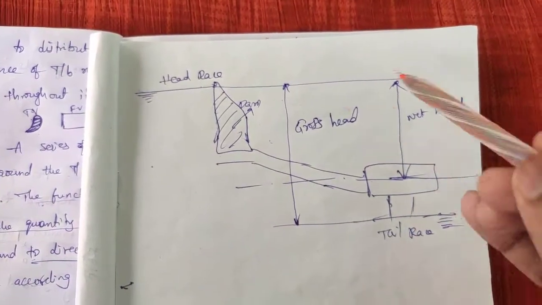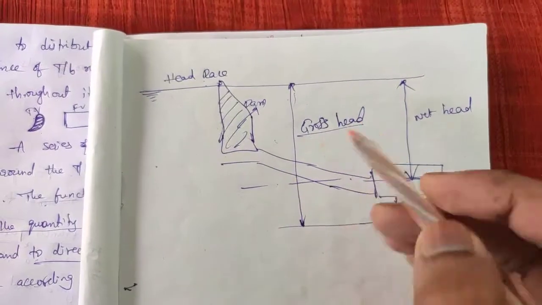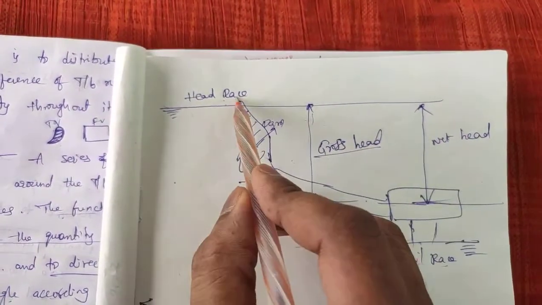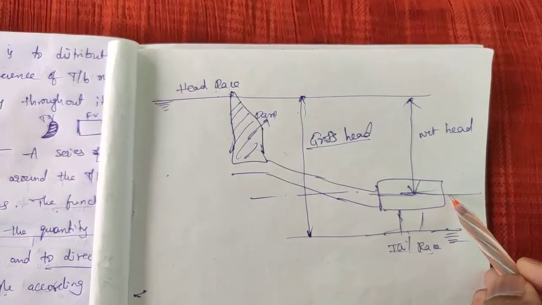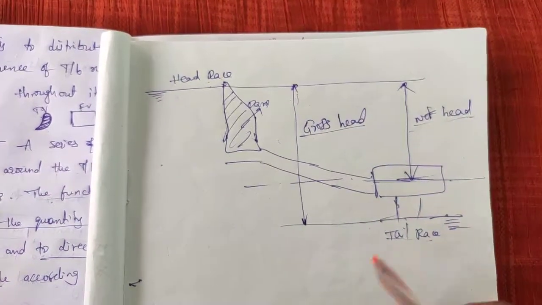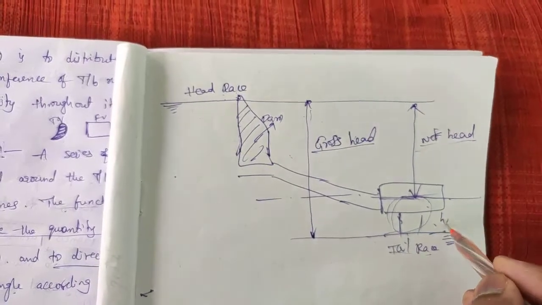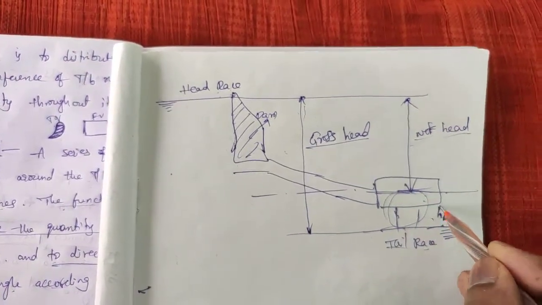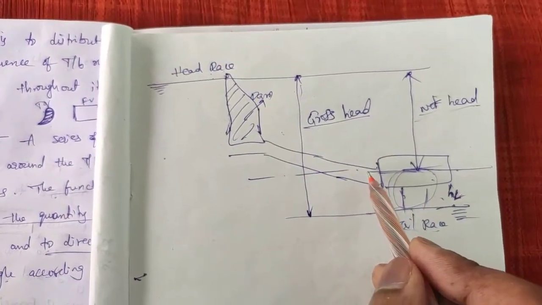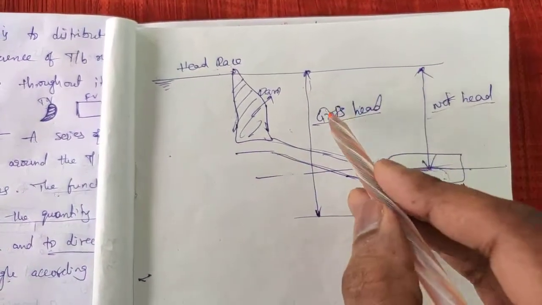The distance between the headrace and tail race gives the gross head, and the distance between the headrace and turbine axis gives the net head. So this is the loss of gross head, HL. We can also obtain the loss of head in the penstock, but that is another matter.